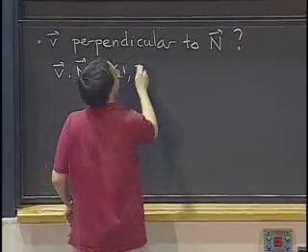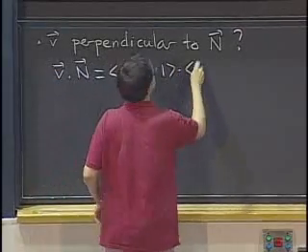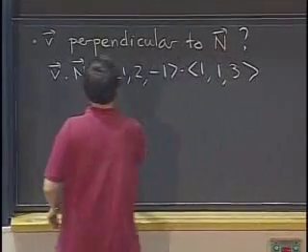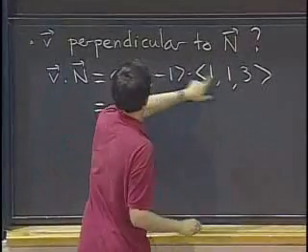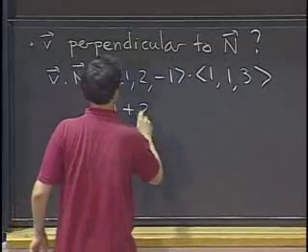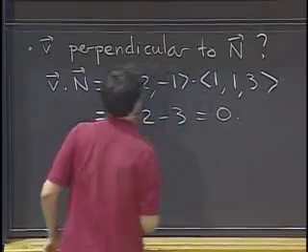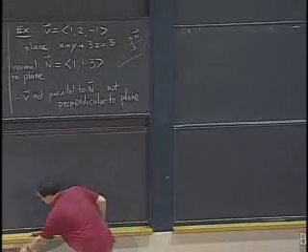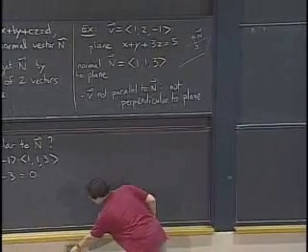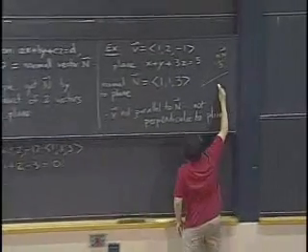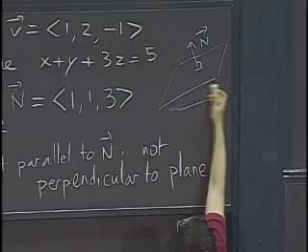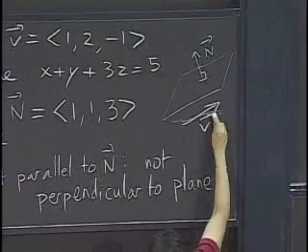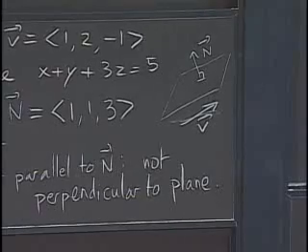That's 1, 2, negative 1 dot 1, 1, 3. You get 1 plus 2 minus 3. That's 0. So yes, if it's perpendicular to n, it means it's actually going to be parallel to the plane, maybe somewhere like that.